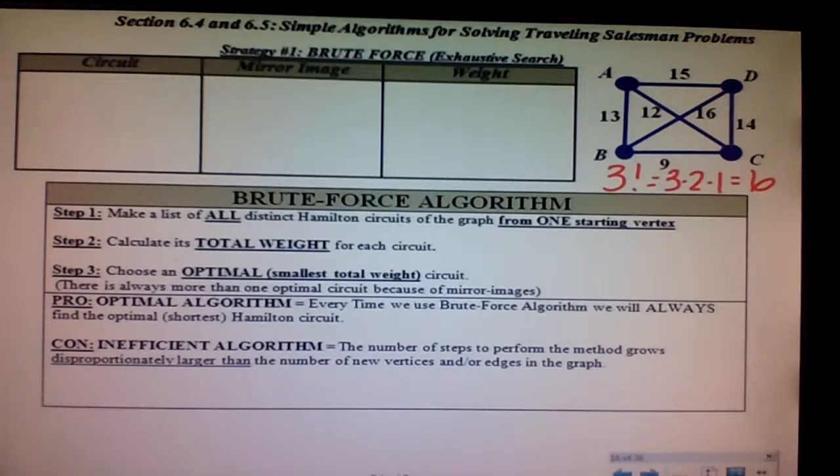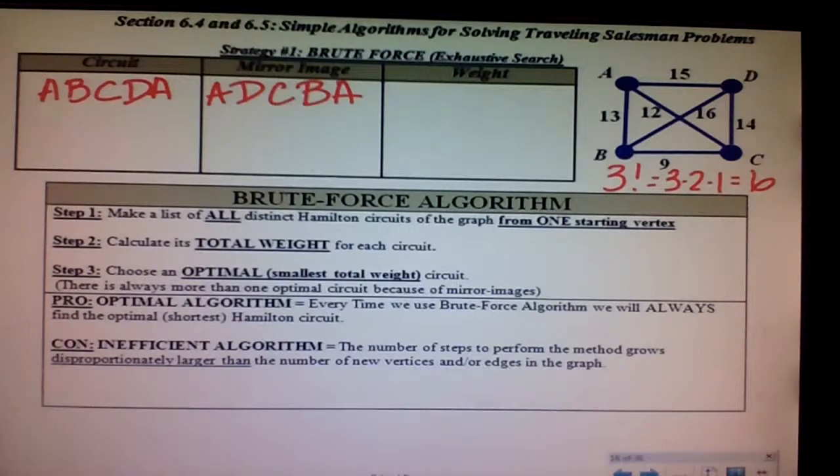So your first Hamilton circuit, A to B, B to C, C to D, back to A. Don't forget, it is a distinct circuit if I take that and reverse it. So its mirror image is A to D, D to C, C to B, and back to A. Give me another one.